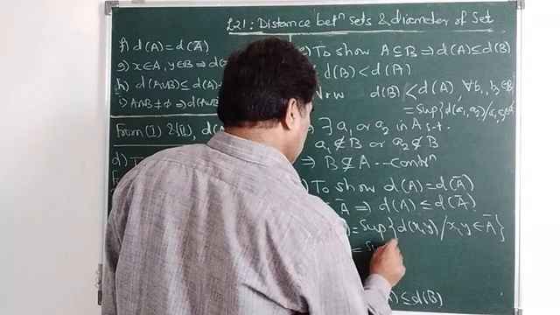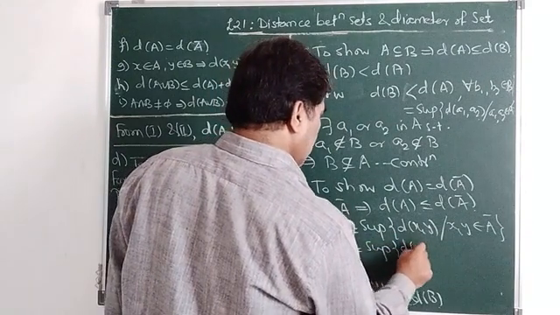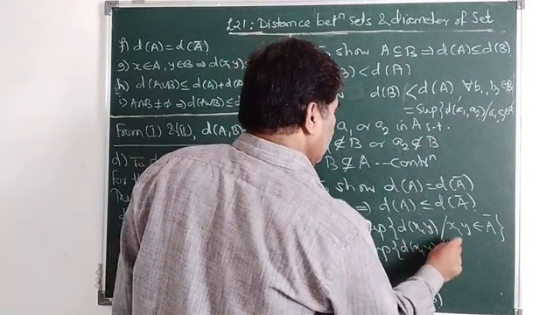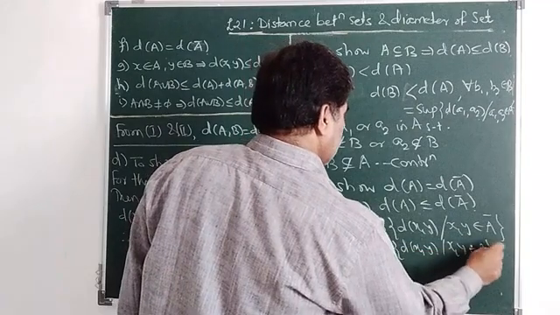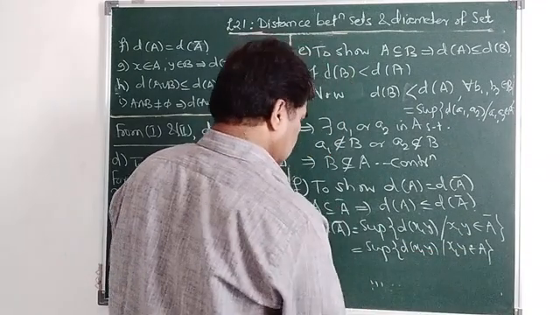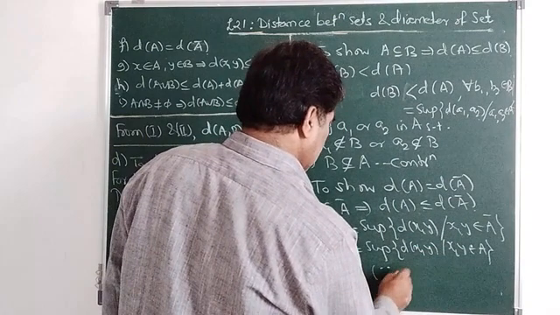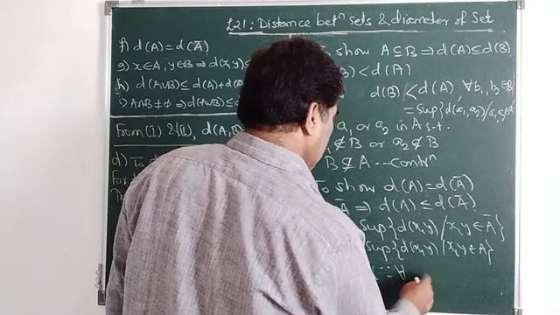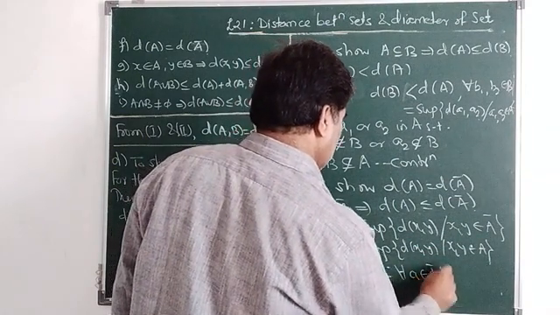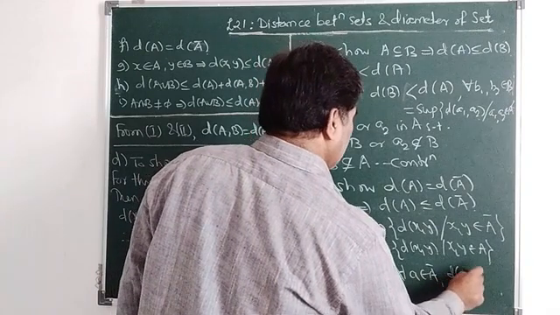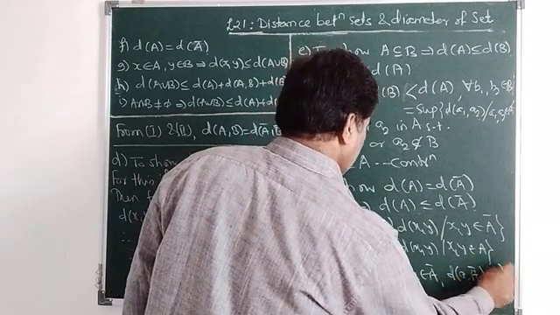This must be equal to the supremum of d(x,y), where x, y are in A, since for any a belonging to A closure, the distance between a and A closure is 0.